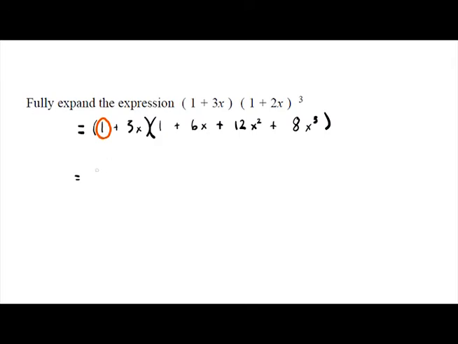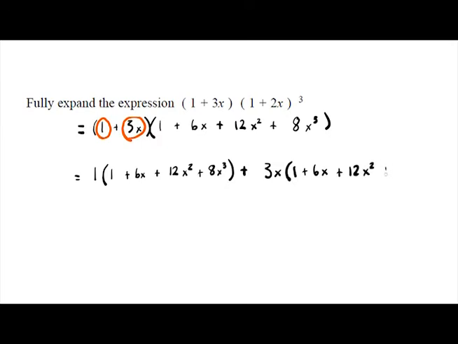So we have 1 times the quantity, 1 plus 6x plus 12x squared plus 8x cubed, plus then we have the second term, 3x, we multiply that then times the second, 1 plus 6x plus 12x squared plus 8x cubed.